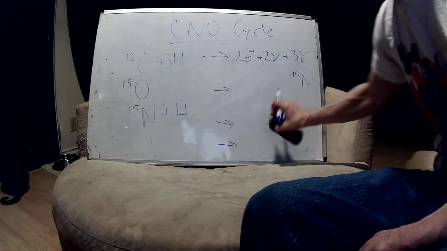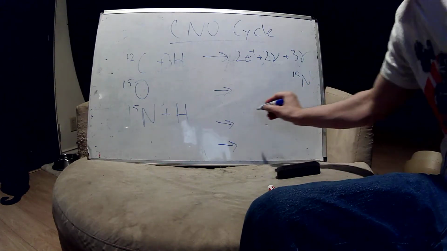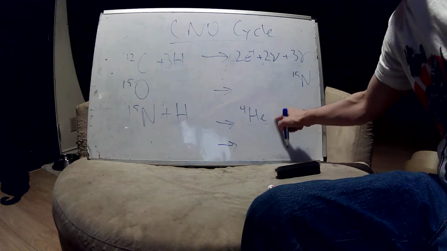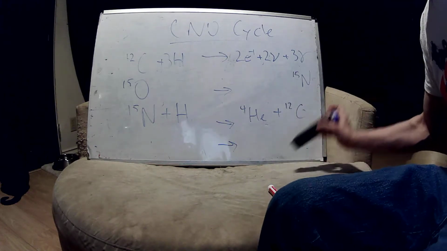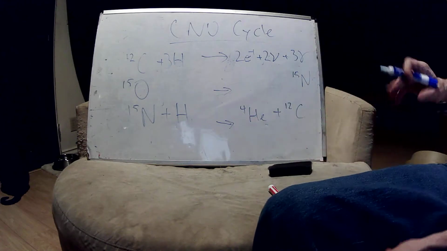Now what's that going to do for us? Well, we're going to end up with 2 products now. We're going to end up with a stable helium atom and a stable carbon atom. And that's going to end our cycle.